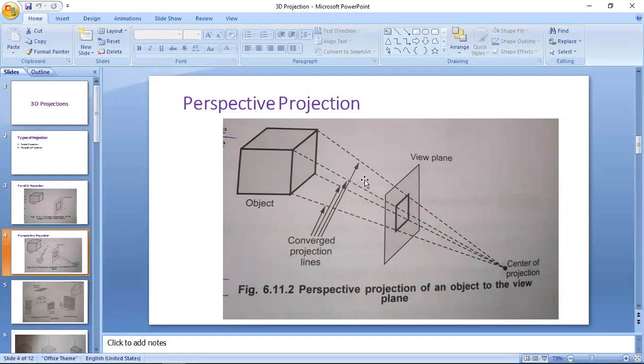You can get a clear idea of a perspective projection of an object to the view plane from this diagram.